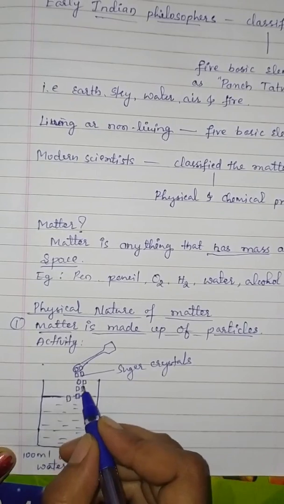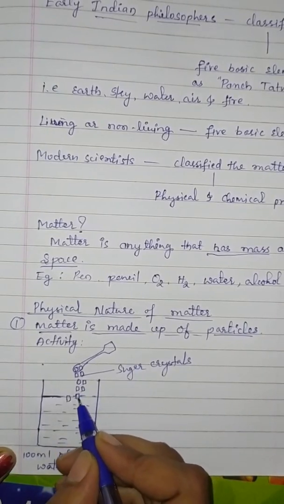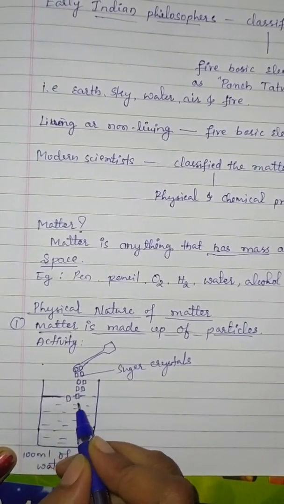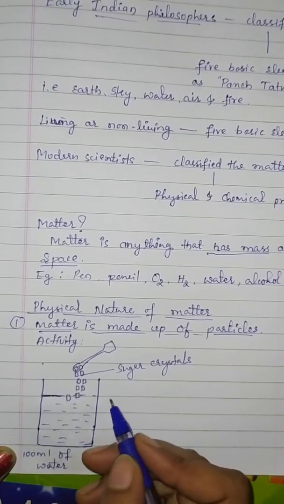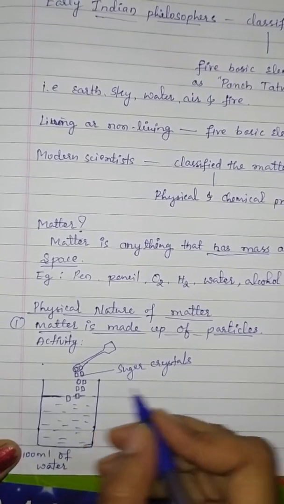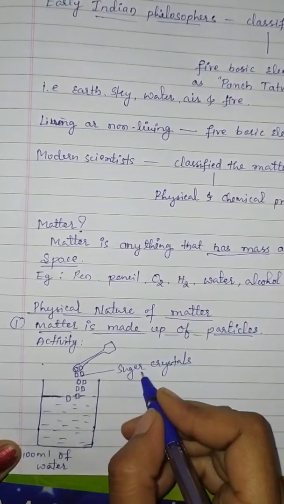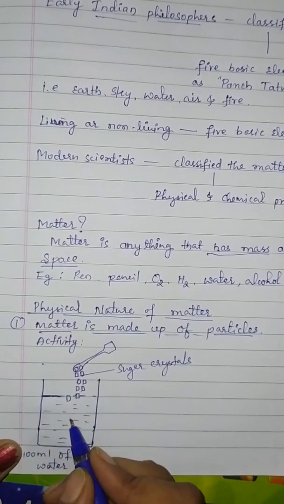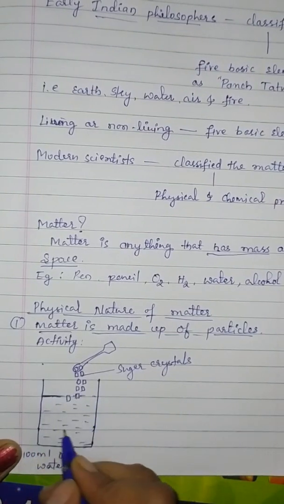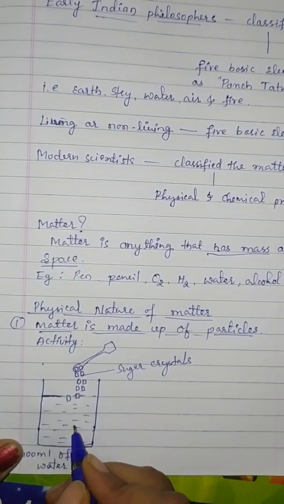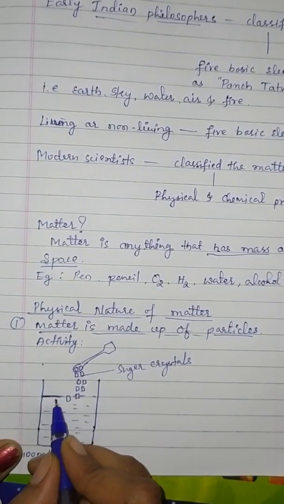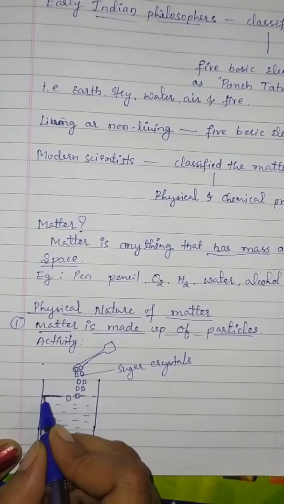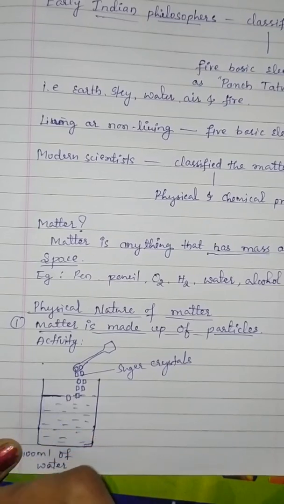After some time, these sugar crystals are not visible, they will disappear. After dissolving the sugar crystals, again I will check the level of the water inside this beaker. The level remains as it is. There is no rise or fall in the level of the water.